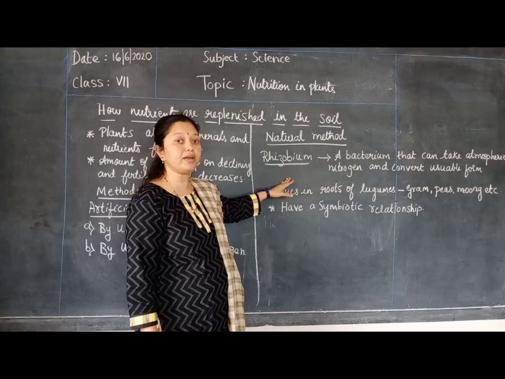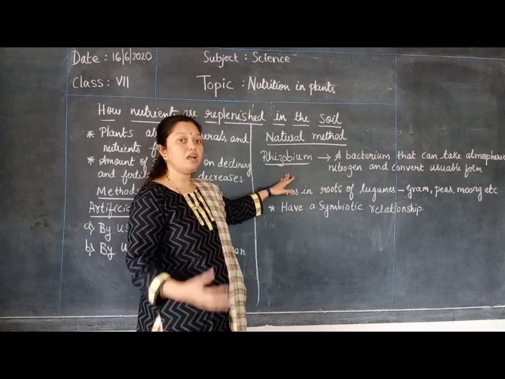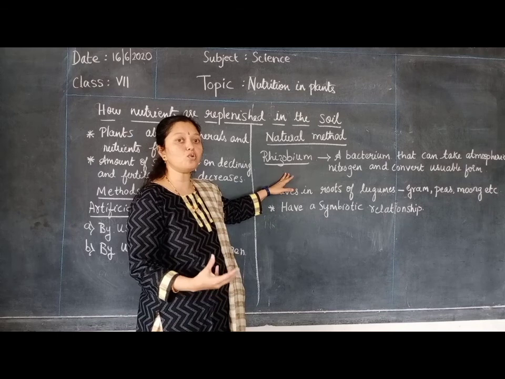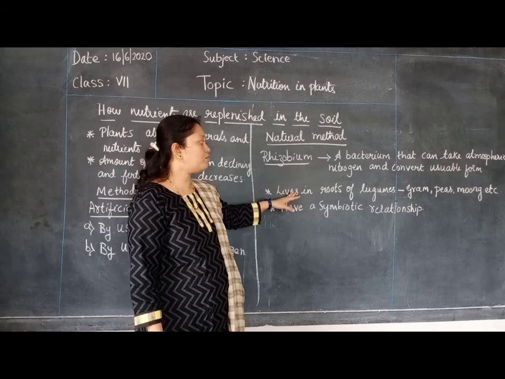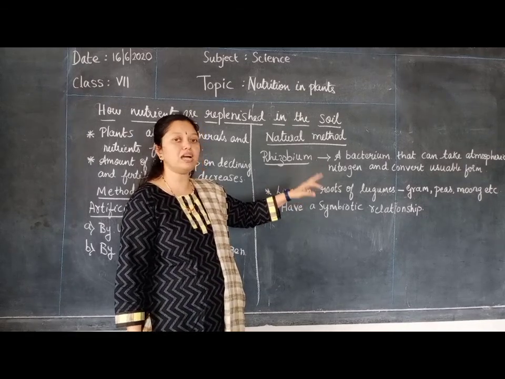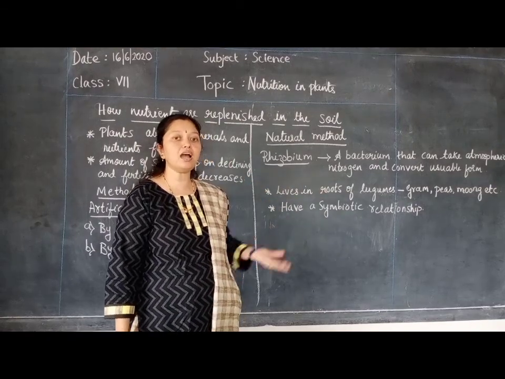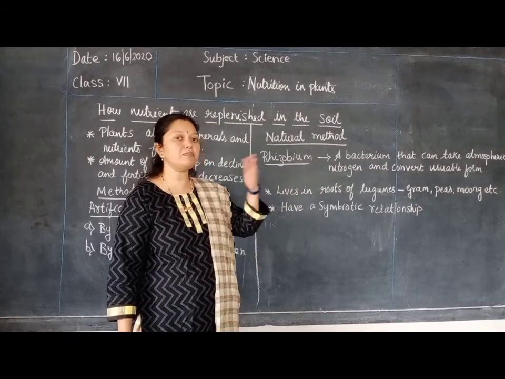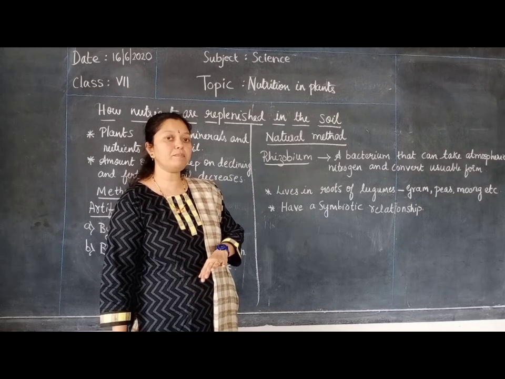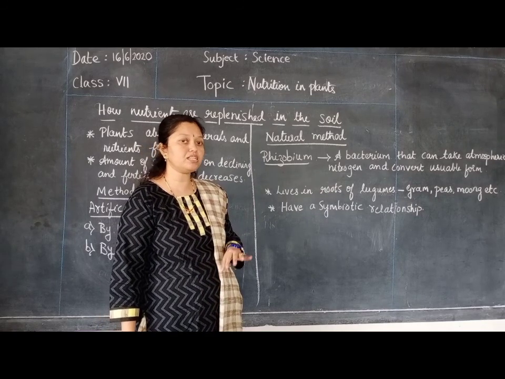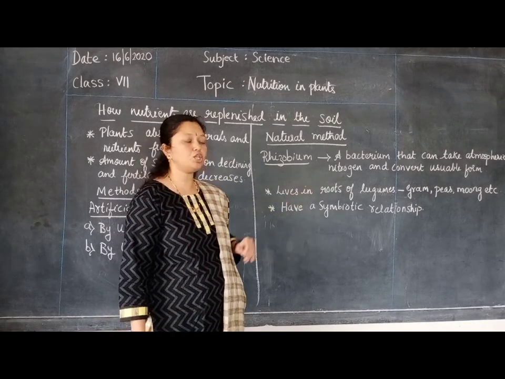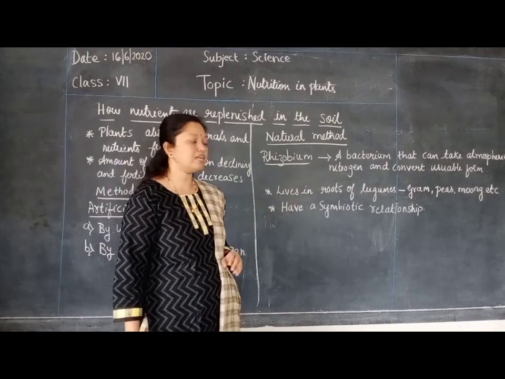Where is it present? In the nodules of the roots of leguminous plants, gram, peas, moong dal and so on. It helps the plants get nutrients, and the plants help the Rhizobium bacteria get nutrients. That is the example we can give for a symbiotic relationship.